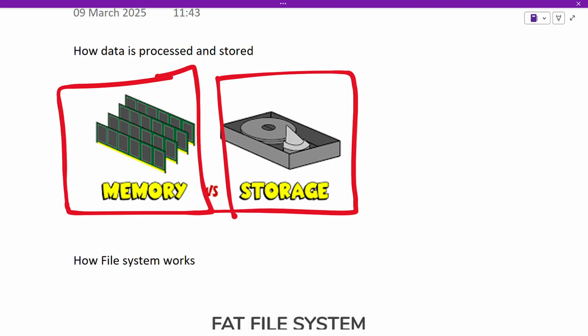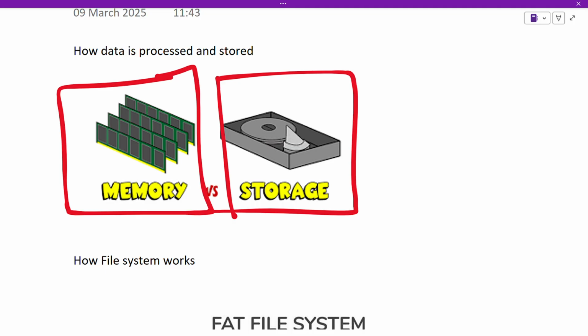So memory is primarily we can think of RAM. RAM is a volatile memory, and it is one of the primary memories. And for the storage, we can think of hard disk, SSDs, floppy disk, any external device which is capable of storing as well as capable of retrieving the data. So we can classify it in a way.